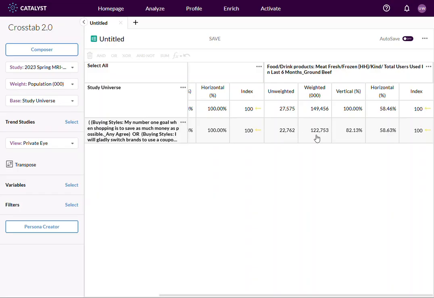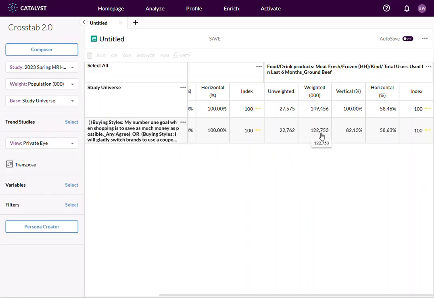If we take this number and project it out onto the US population and put 3 zeros behind it, Simmons says this is what the number of people in the United States that answered yes to both questions would be. 122,753,000 people would say they bought ground beef in the last 6 months and agreed they like to save money.